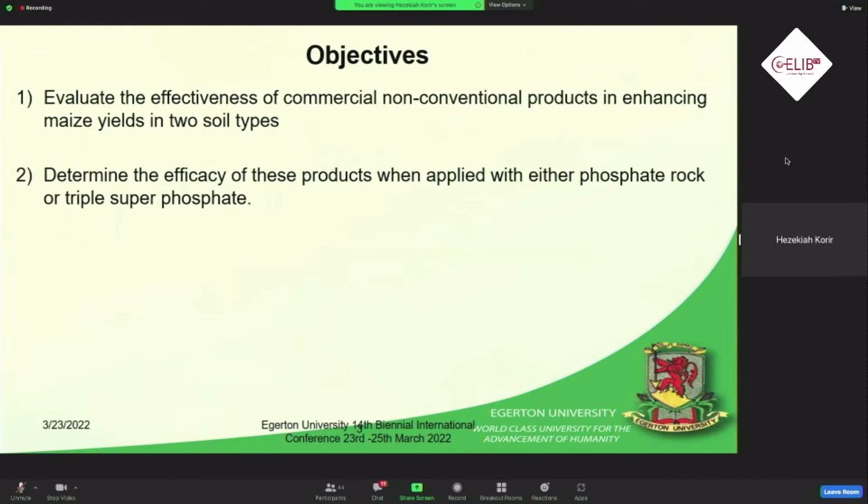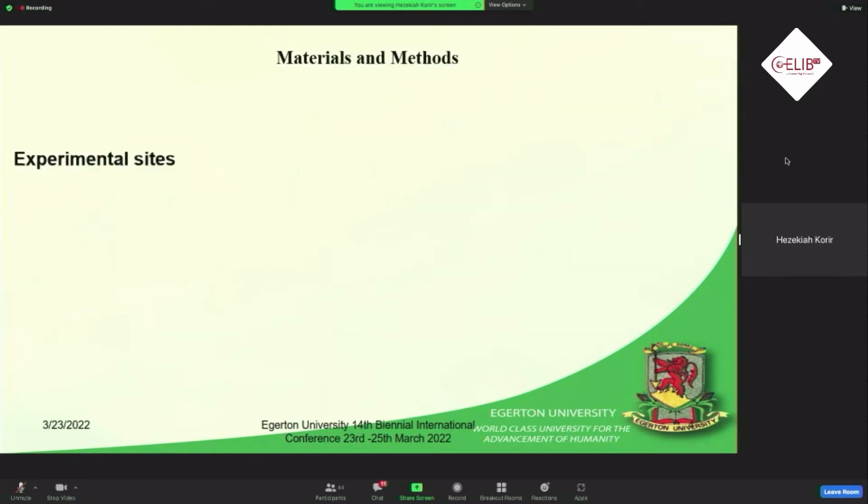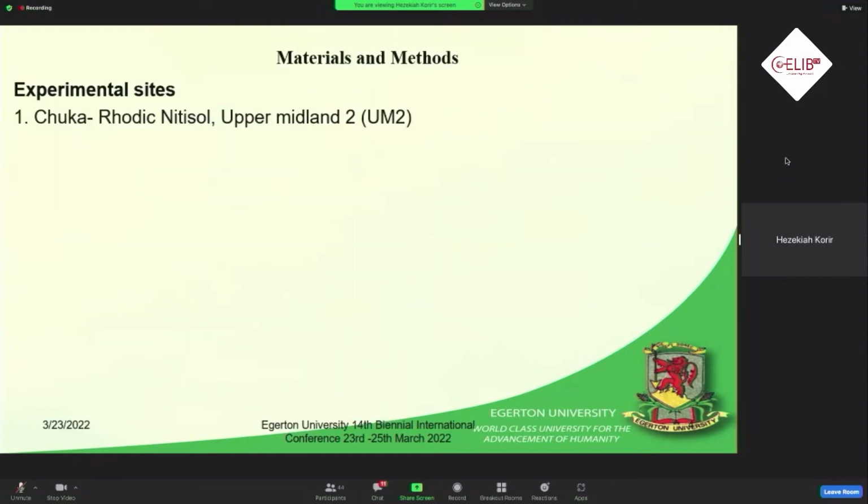So we had two objectives. One was to evaluate how effective these commercial non-conventional products were, and then to determine the efficacy of these products when we apply them together with either the rock phosphate or the triple super phosphate that we found in the market. So this experiment was done in two sites, one in Chuka and another in Egerton.